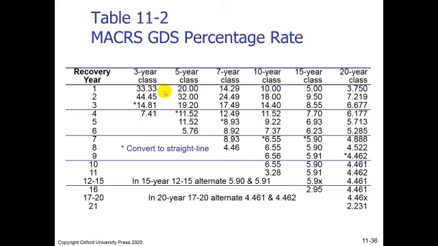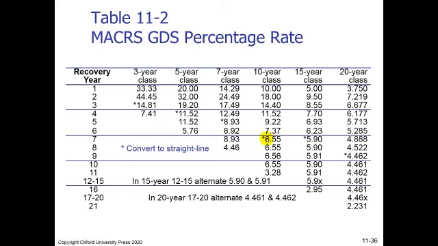So now at this point, what happens is that you end up having straight line depreciation take over because you get down to the point where straight line actually does better than the double declining balance. And so you get to 14.81, which would be the percentage that would remain as the deduction until the very last year, which you just get half.